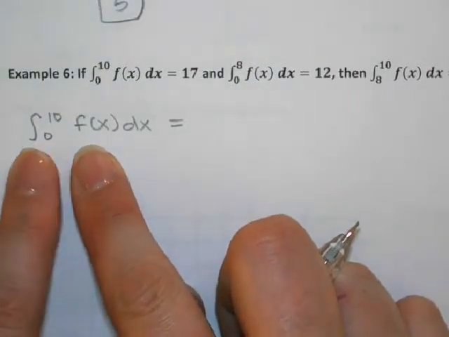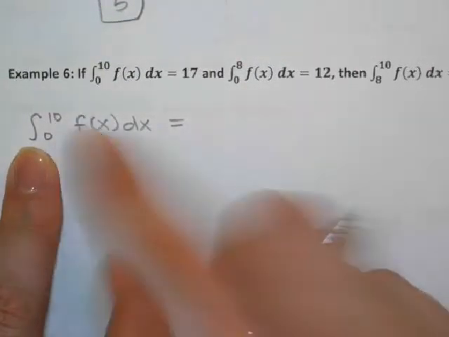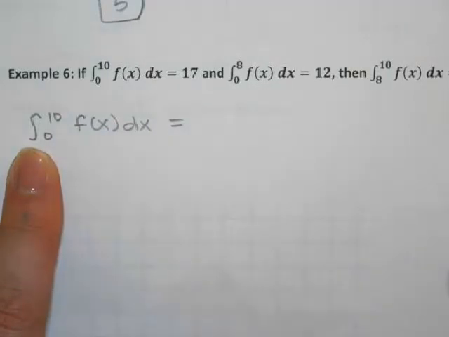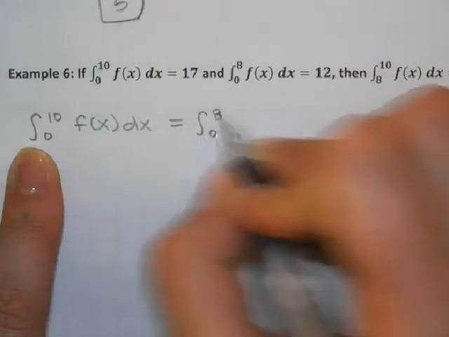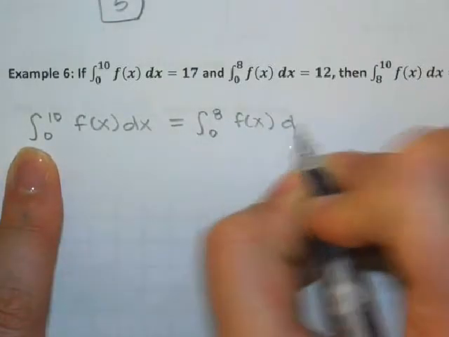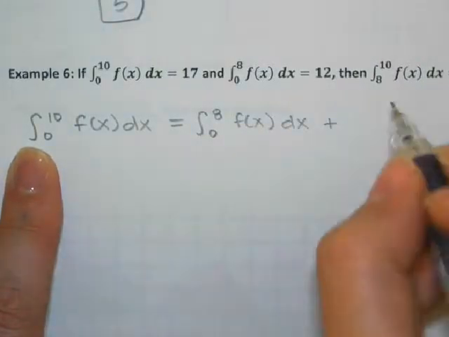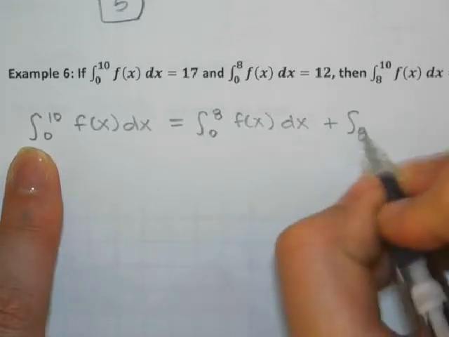The property says if 0 to 10 is the entire piece of the picture that you're looking at, then if we were to break it up, we could say that if we have from 0 to 8, then all we would have to do to get the rest of the picture is add 8 to 10.